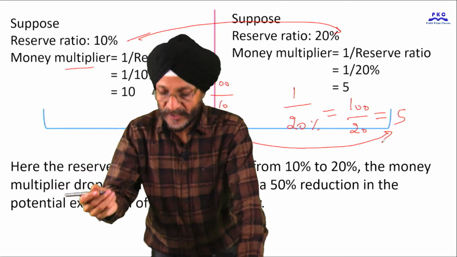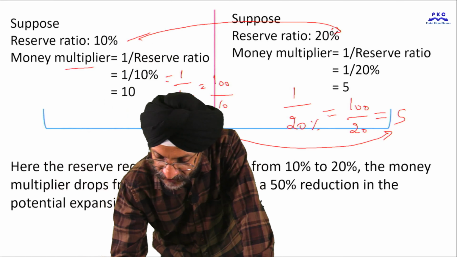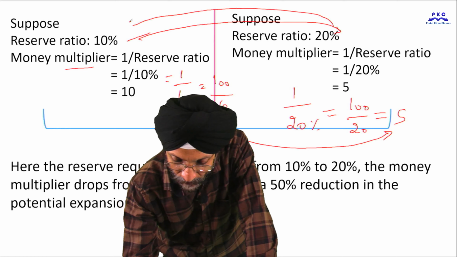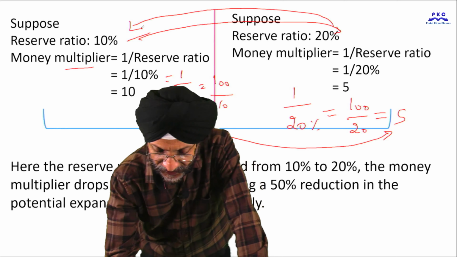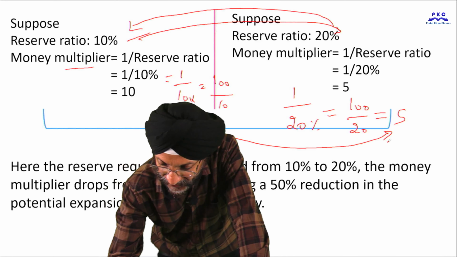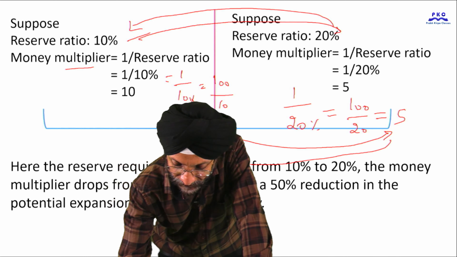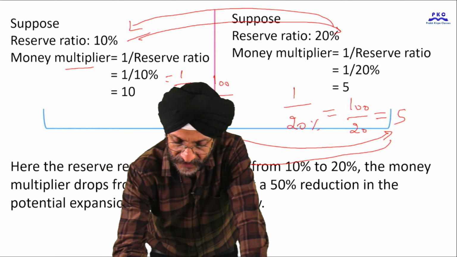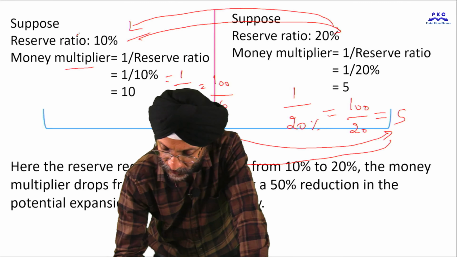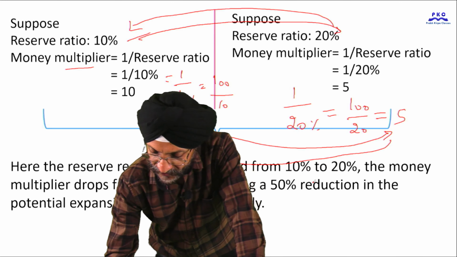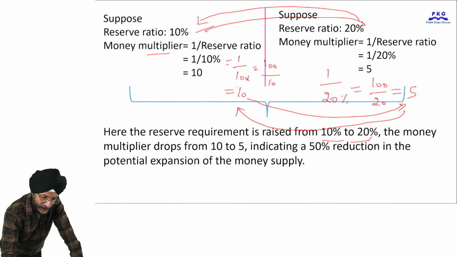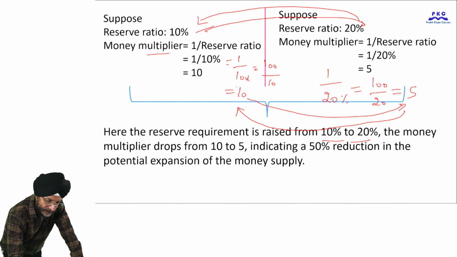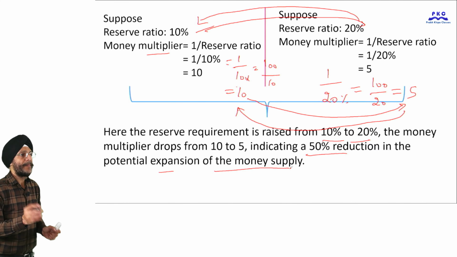We can also say that if the reserve ratio is decreased from 20 to 10, the money multiplier increases from 5 to 10. So in this example, you will realize that the reserve requirement has been increased and there has been a 50% reduction in the potential expansion of money supply.